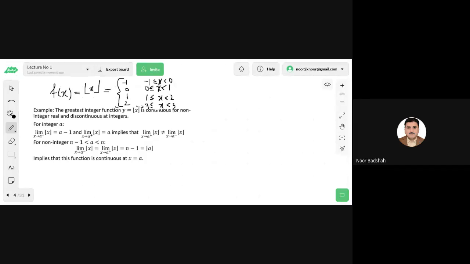It will be 3 if x is between 3 and 4, and so on. So this is the definition of the greatest integer function.